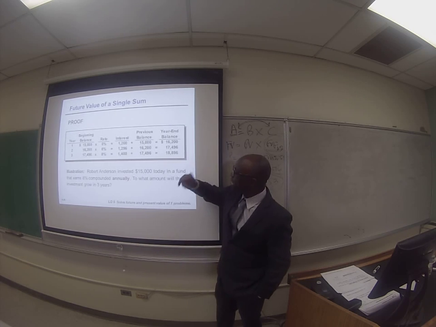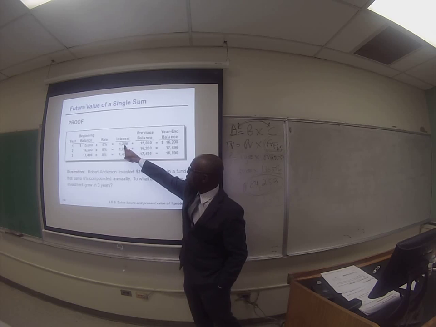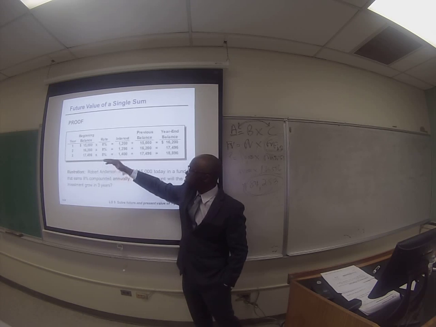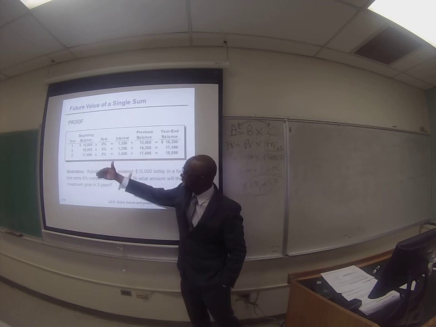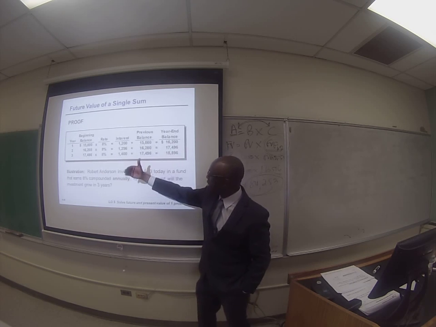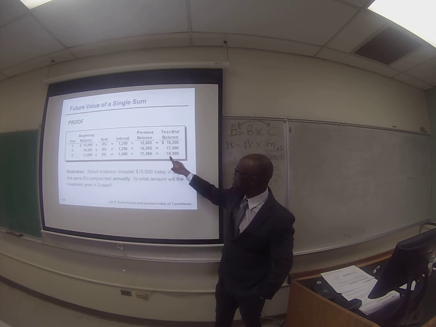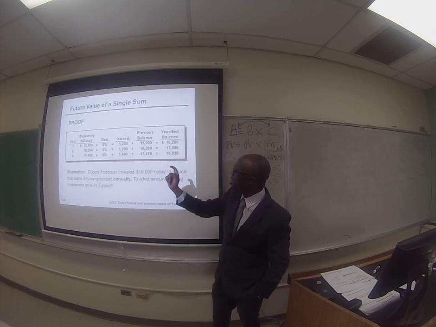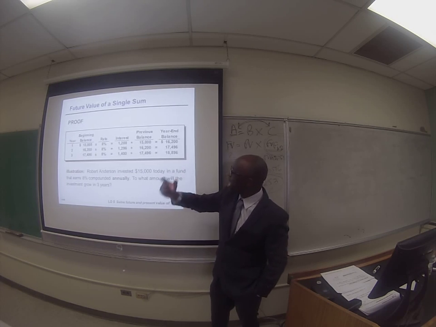Now, in the next year, this $1,200 interest is added to the principal, and that gives you $16,200. That becomes the basis for the interest calculation for the following year. And then the third year, the same thing. So as you can see, you have 18,896 as the future value in 3 years, interest compounded annually.